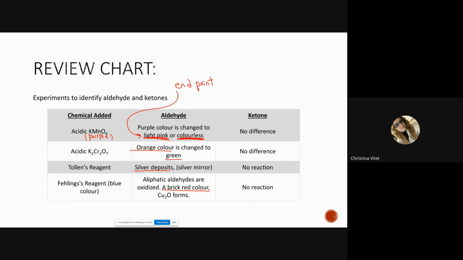You should write the chemicals and you should write the reactions of each, what it does with aldehyde, like positive test, and then ketone, no reaction. I'm giving you some time if you're writing flashcards, and then we'll continue.